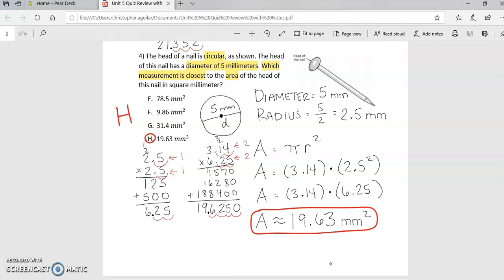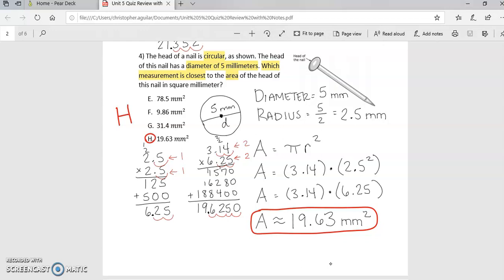Or if you're using fractions and mixed numbers, it would be 2 and a half. And so now that I have the radius, again, they want me to find the area of the head of the nail. So I say, okay, area for a circle is pi r squared. Pi is 3.14, and then multiplied by 2.5 squared.